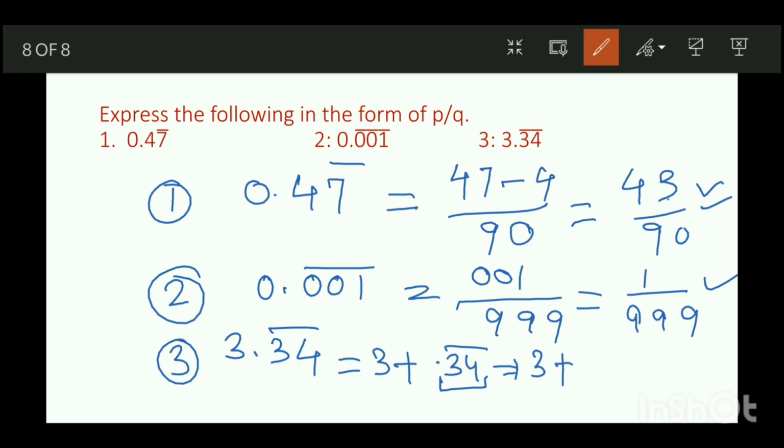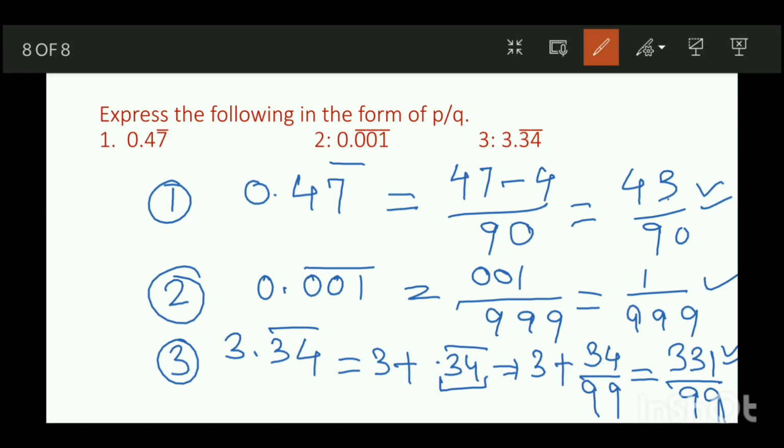All digits are repeating after the decimal, so write the digits and write as many 9s as the number of digits repeating. So 2 digits are repeating, so we will write two 9s here, and on solving this we will get 331 by 99. So this will be the answer.